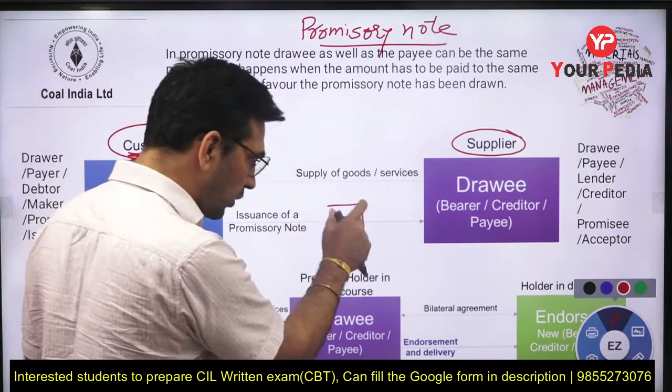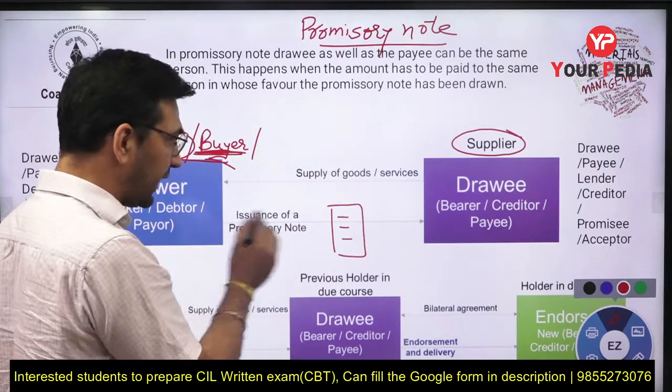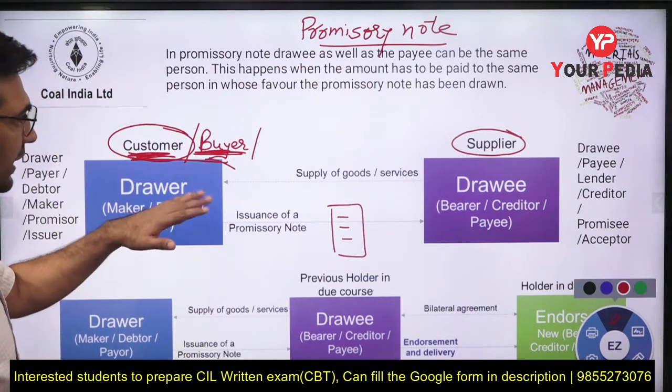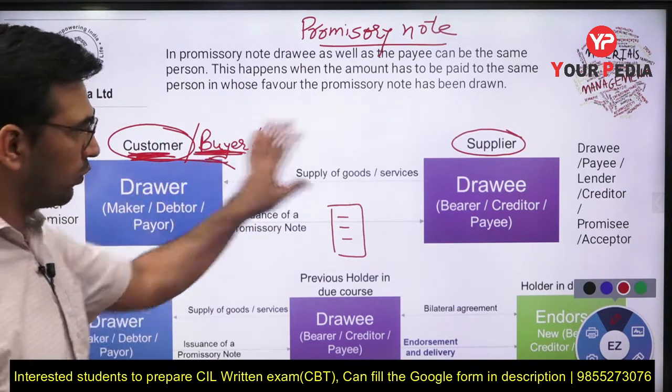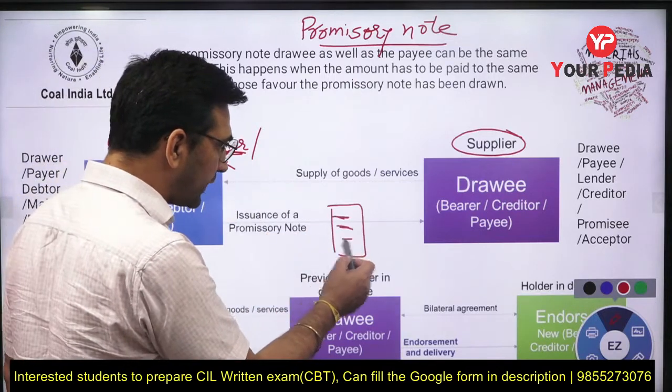So he is going to write everything, that I am promising to make this payment to you, and he will sign and then send it to you. Now there are 2-3 terms that will be related to it, but before going to that, let me just give an overall idea, that's all. So the customer is promising to make the payment.